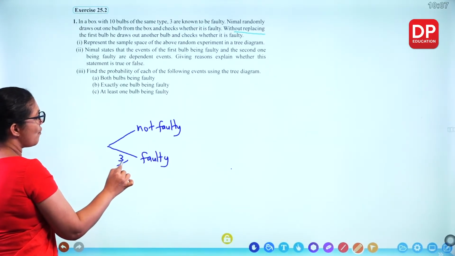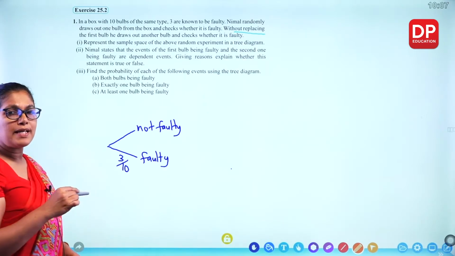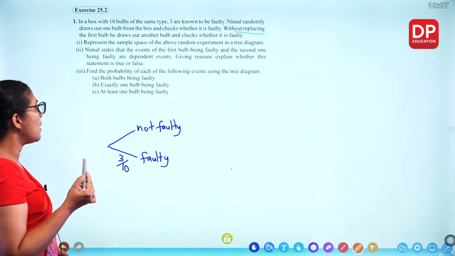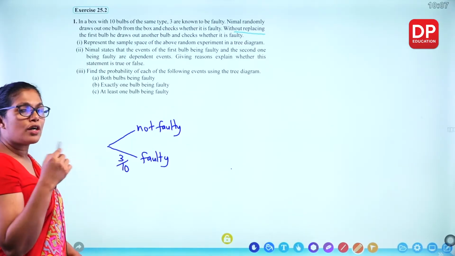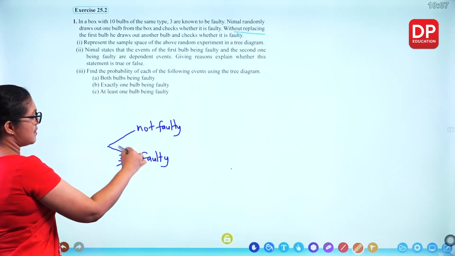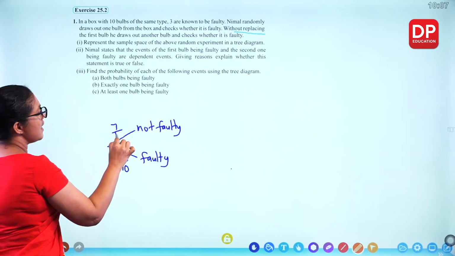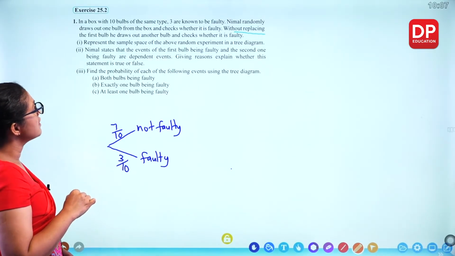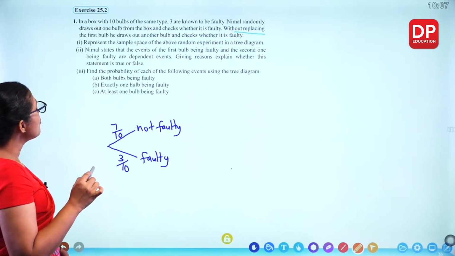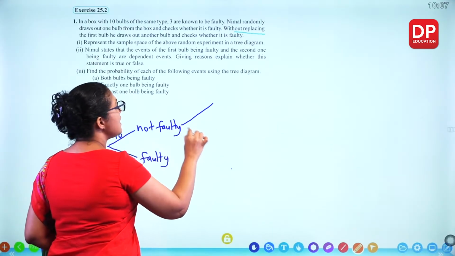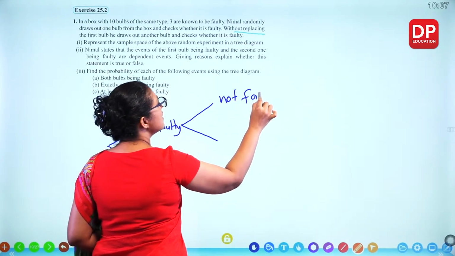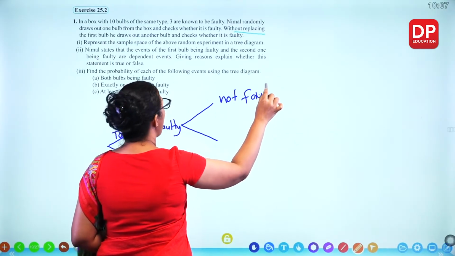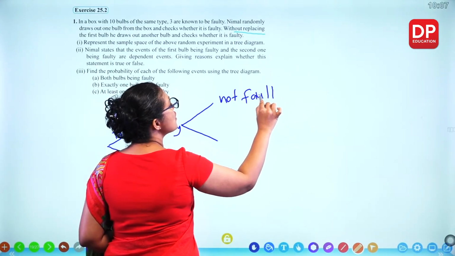3 out of 10 are faulty, means the probability of getting faulty bulb is 3 over 10. So what's the other one? Not faulty. 7 out of 10 are not faulty. So without replacing, when you're taking the next bulb, what happens? All the probabilities are changing.